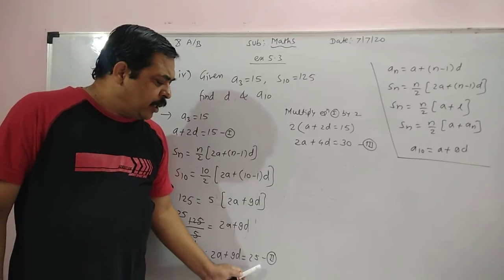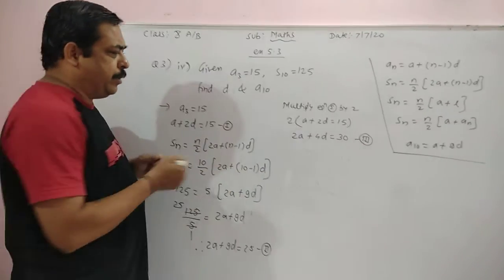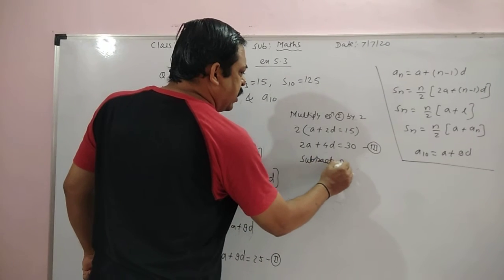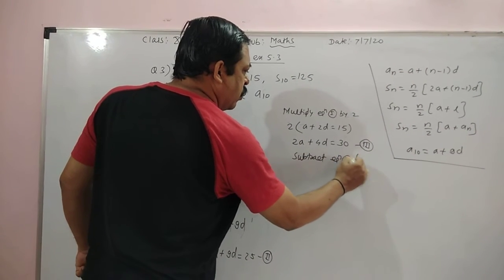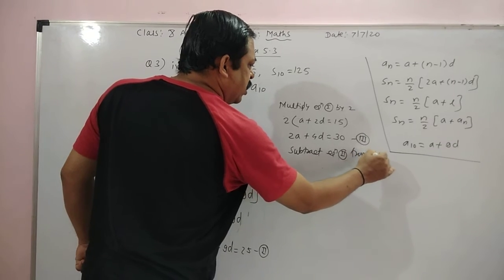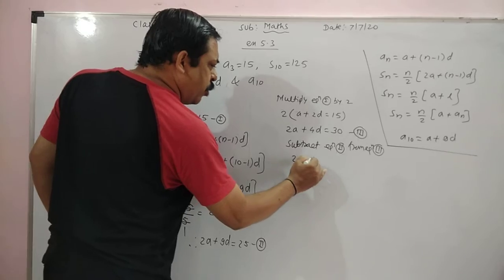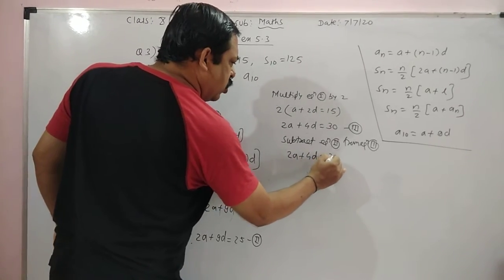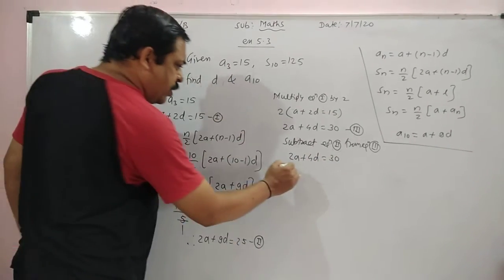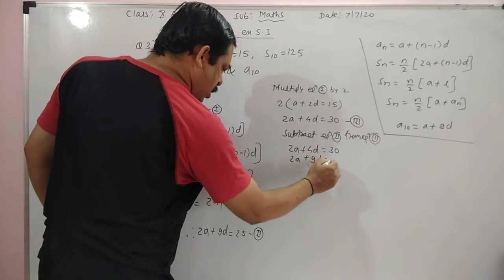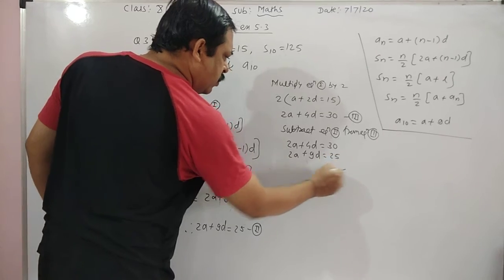Therefore, we subtract equation 2 from equation 3. 2a plus 4d equal to 30. Equation 2 we have to subtract, 2a plus 9d equal to 25.